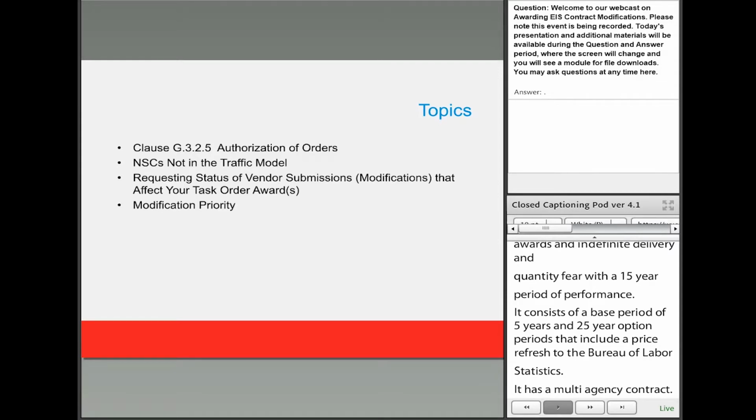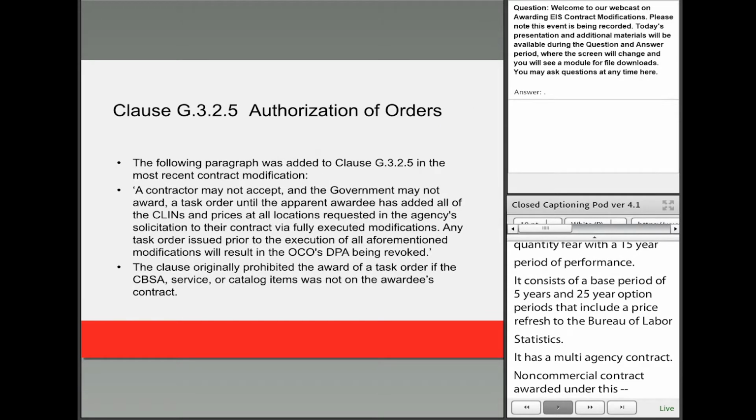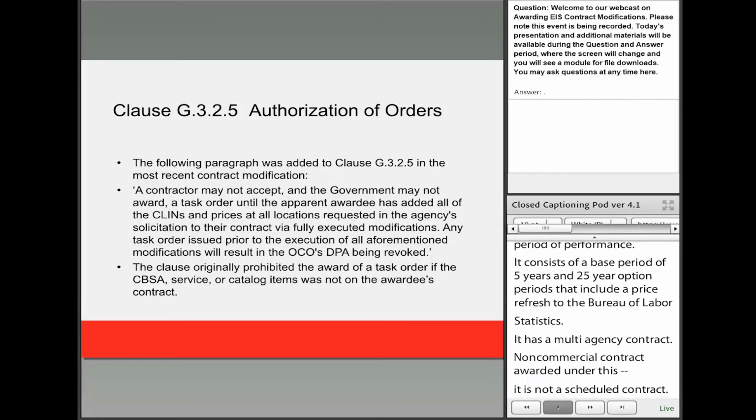Now on to the topic of Clause G325, authorization of orders. Next slide, thank you. So the following paragraph was added recently to the EIS contract. And the paragraph is as follows.